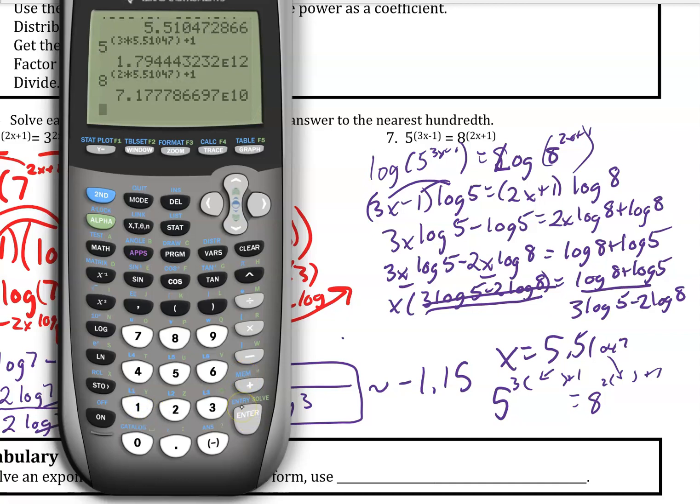I had to subtract 1 from the other one, that's why they're not matching. So again, 5 raised to the 3 times 5.51047 minus 1. Now I get the same answer, 7.177 times 10 to the 10th.